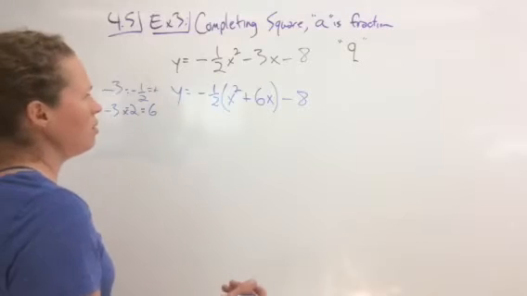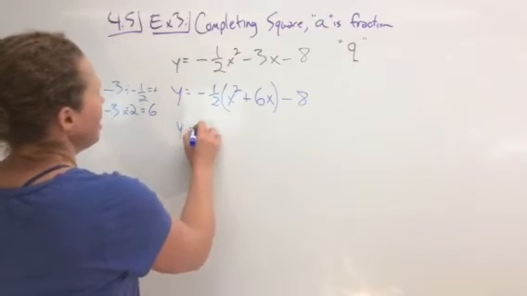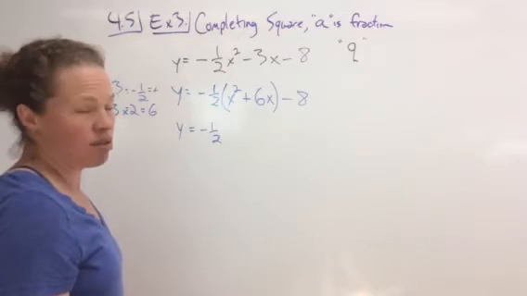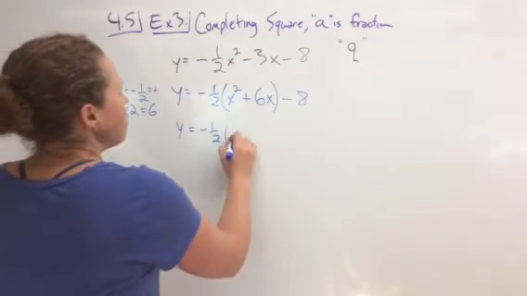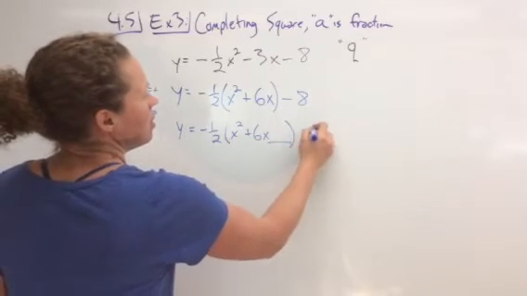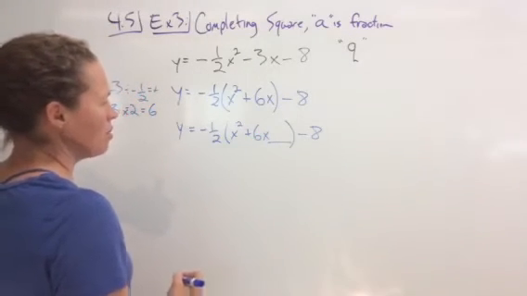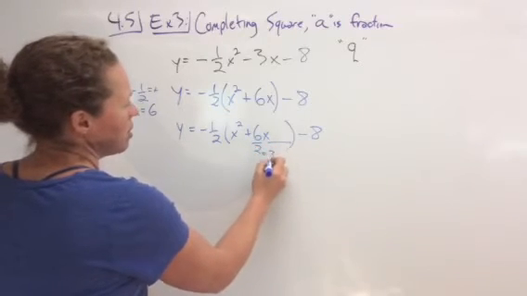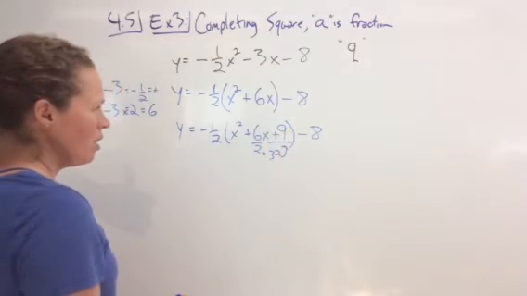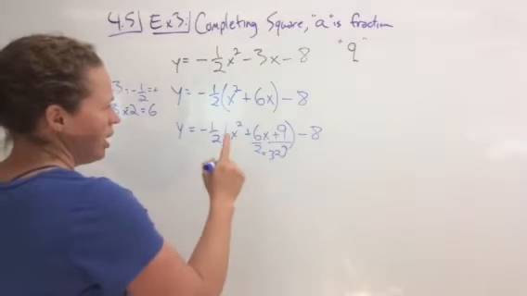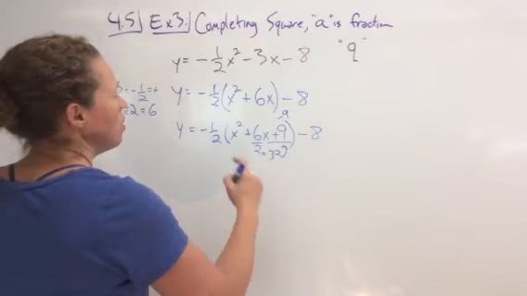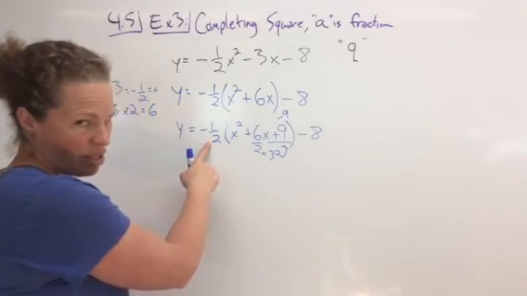So we're just going to continue as usual. We would go y equals negative 1/2 is now reduced to just being outside the brackets and no one cares about it anymore. So I have my x squared plus 6x and something to complete the square. So I divide by 2, that gives me 3, square it, that gives me positive 9. Now I have to get rid of the 9 as well, which means I have to multiply that by negative 1/2.